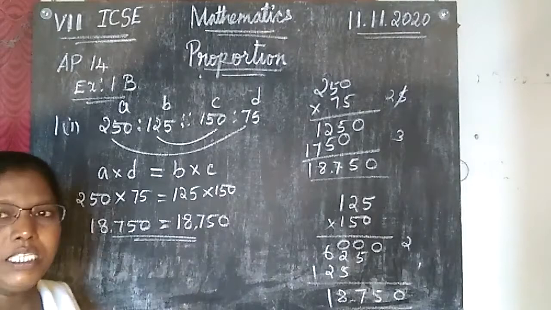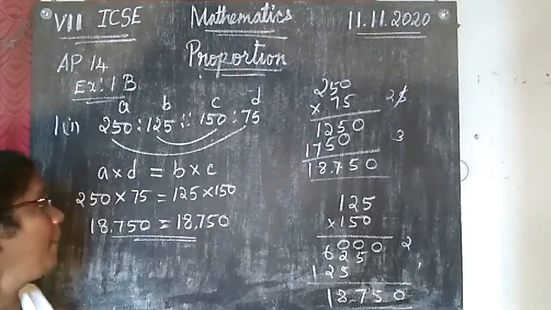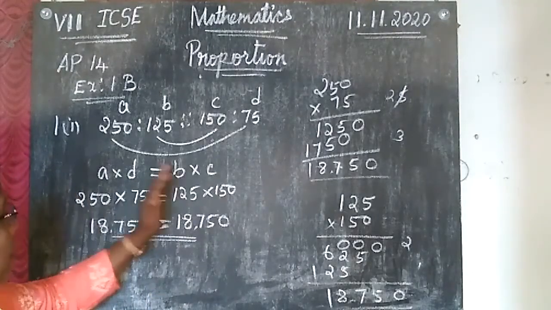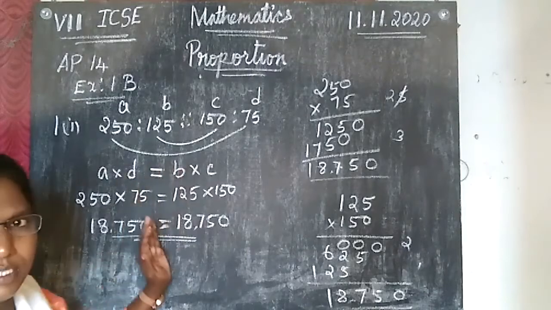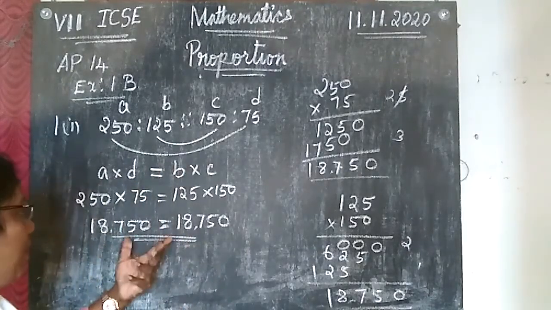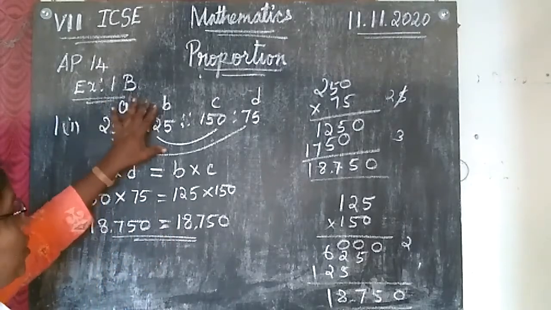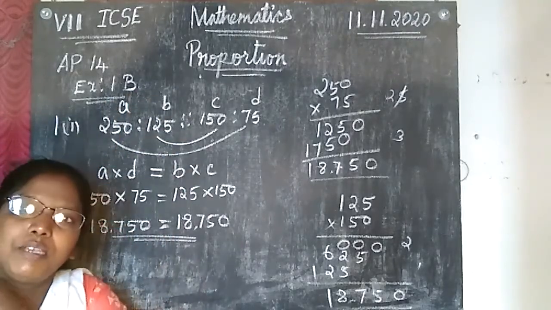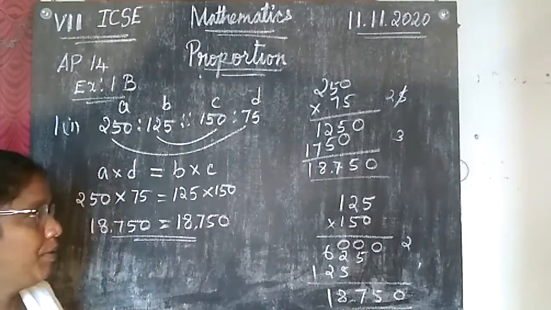So the statement is true. Understood, children? When we get both the ratios as equal, the statement is true. If we are not getting an equal answer, that means the two ratios are not equal, so the statement is false.